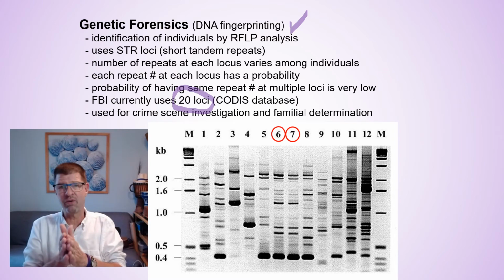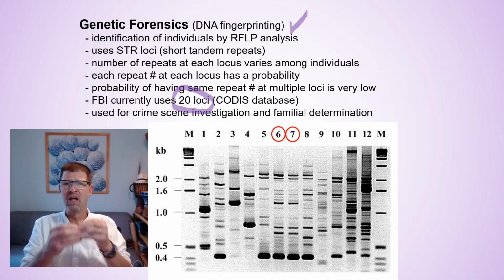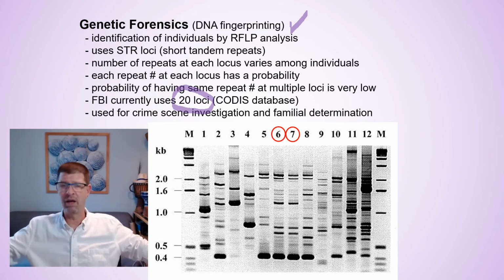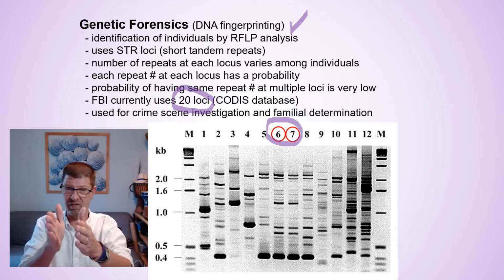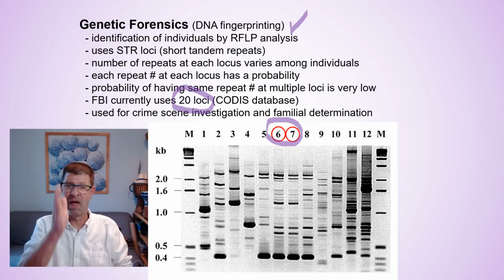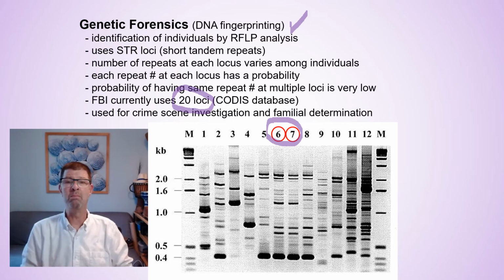They put it all together into a cocktail. They make copies of it. They break it up with restriction enzymes and sort it out, and everybody's got their own banding pattern. And what we're looking at here, just like in the last slide, is that numbers 6 and 7 are from the same individual. We know that because the chances of those banding patterns lining up that perfectly are minuscule compared to how many different arrangements of DNA there might be.